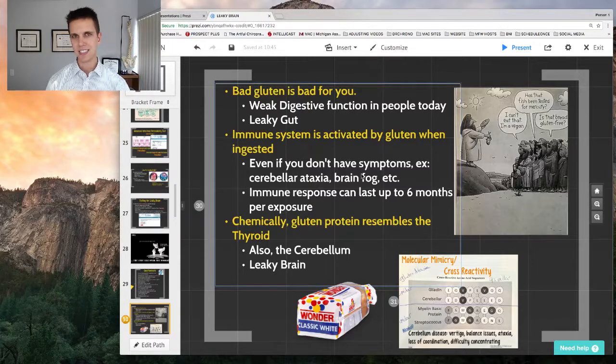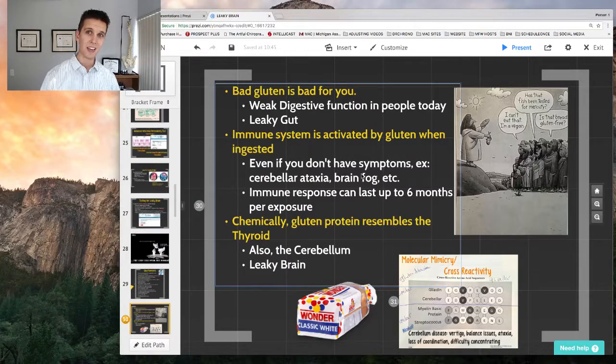Essentially, you're on an anti-inflammatory diet indefinitely. The reason is that when your immune system sees that gluten protein, it also sees your brain and your thyroid, and it has a hard time differentiating between the two. So it says, hey, what the heck, let's attack everything. And that's why we get our symptoms.